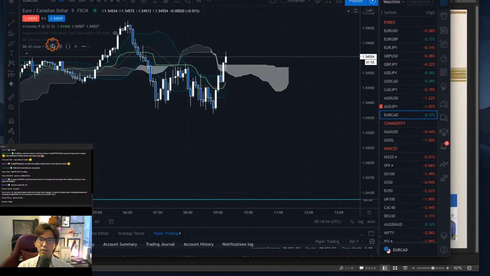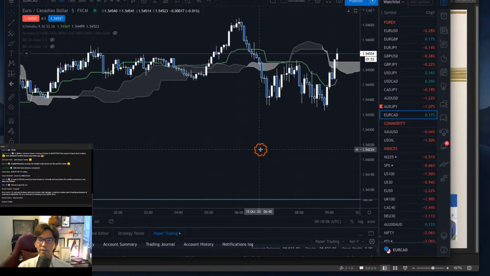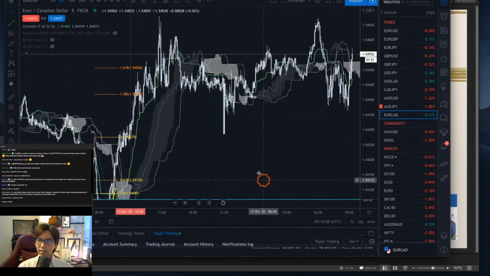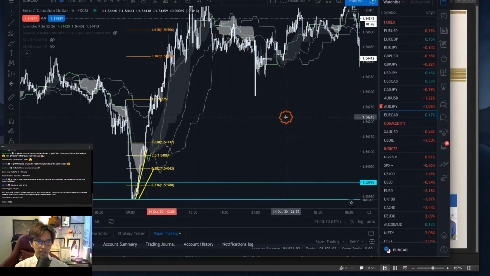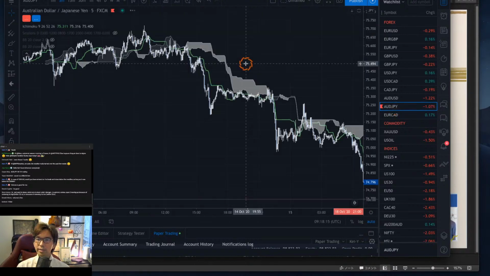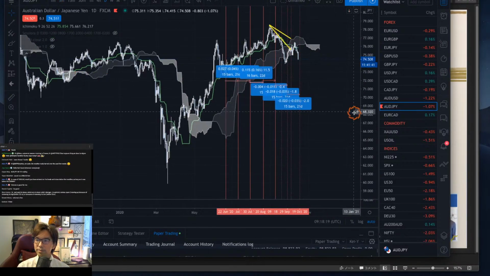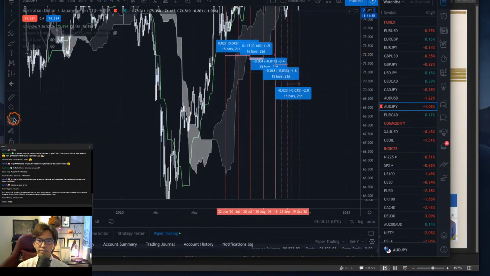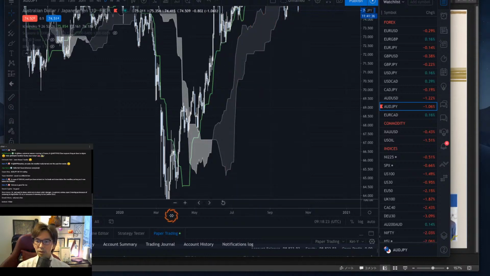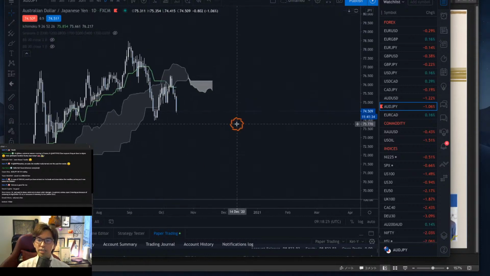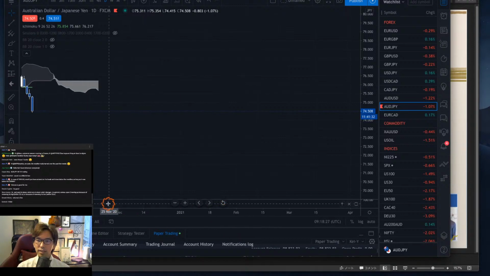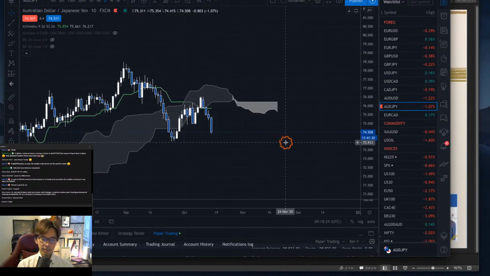So let's look at some other trending markets for now. I was looking at the AUDJPY earlier, and it was downtrending. So here is AUDJPY, and this is a strong bearish trend right now.